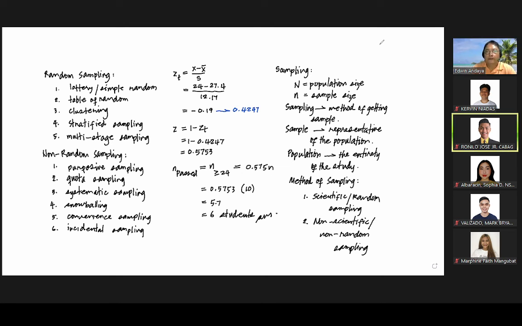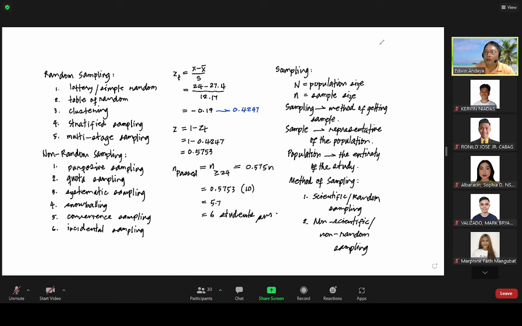Okay. If not everybody has the chance to be selected, that is non-random. Example, purposive sampling. If our study is to determine if there is a difference in the performance between honored students from public senior high school and honored students from private senior high school, who will be our respondents by purposive sampling?